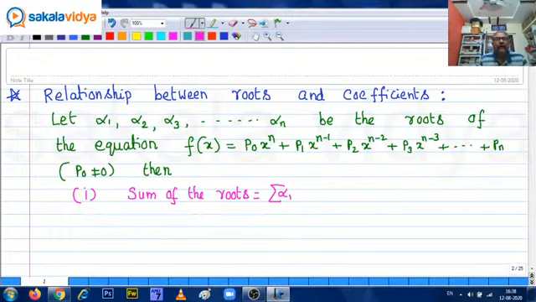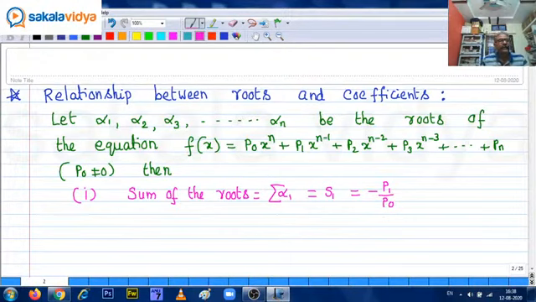This sigma alpha 1 is notation, you can write S1. That means here the sum of all the roots is denoted by S1. S1 is equal to minus the coefficient of x to the power of n minus 1 upon the coefficient of x to the power of n. That is minus p1 by p0. This you remember. This is S1.